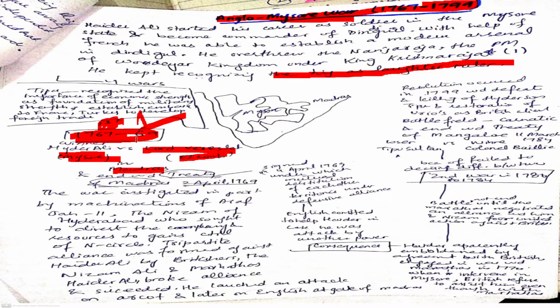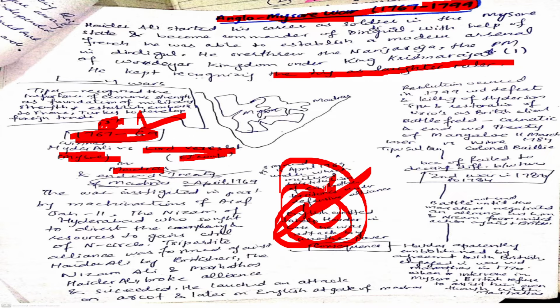It provided for mutual restitution of each other's territories and a defensive alliance, with the English committed to helping Hyder in case he was attacked by another power. This was the result of the first Anglo-Mysore War.